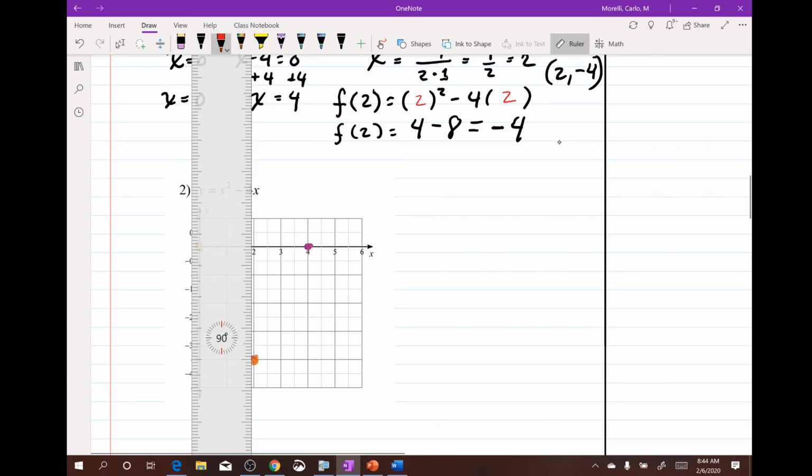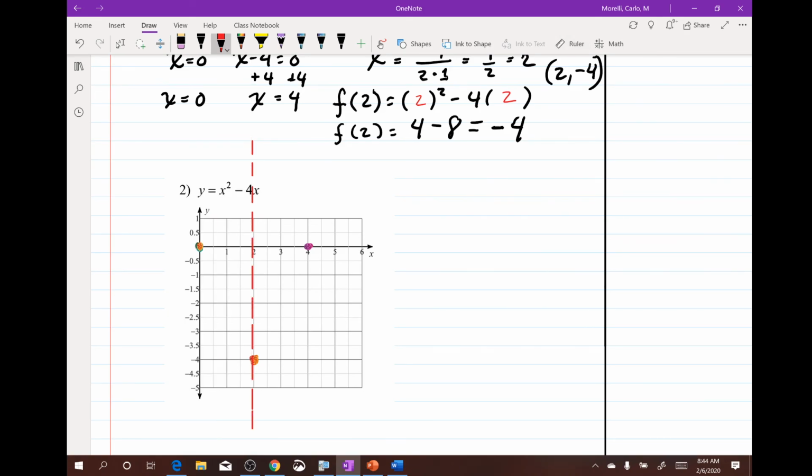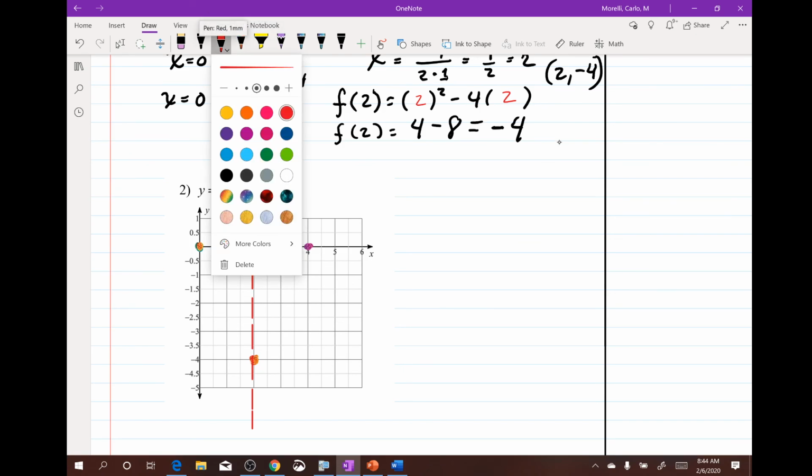Let me just make a note of that. It's kind of unnecessary and redundant for this problem, but sometimes it's really important. So now we can sketch, right? You need 3 points at least to sketch a quadratic. You got them. So let's sketch the quadratic.